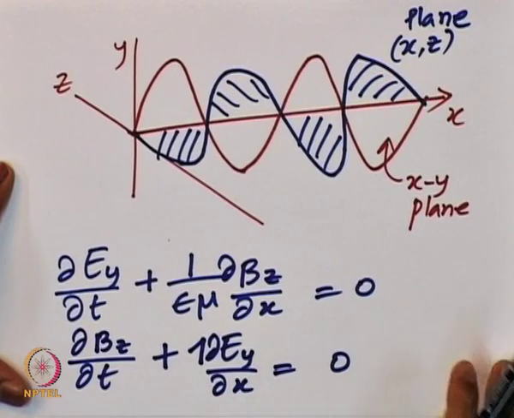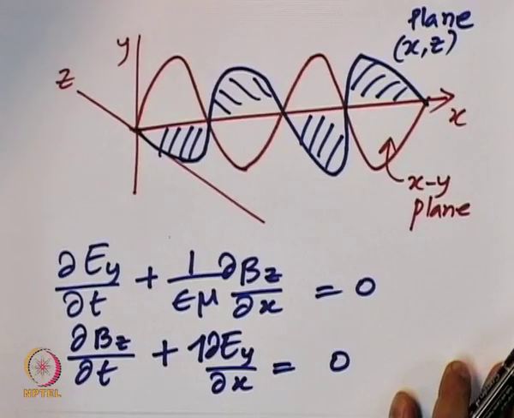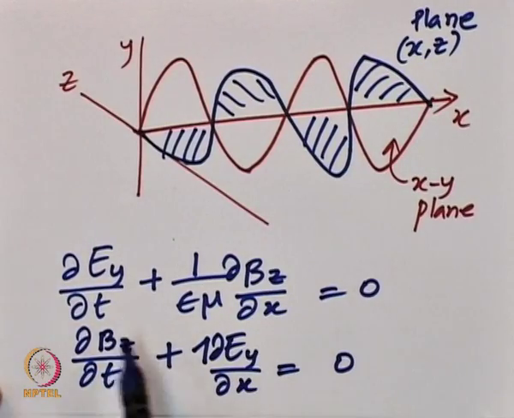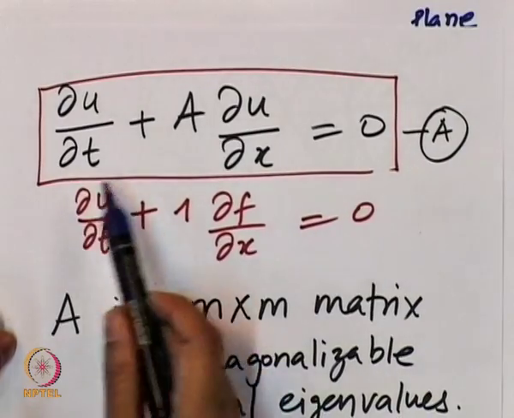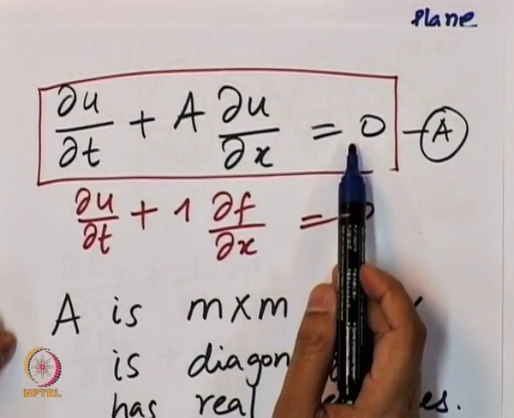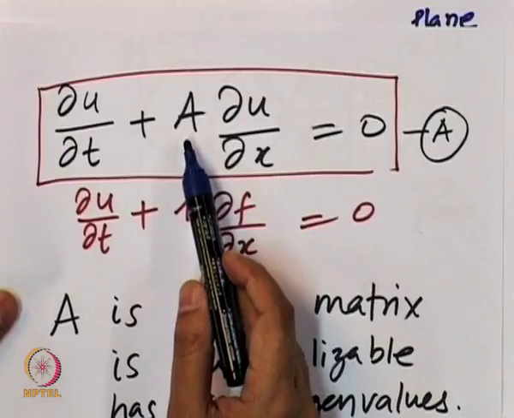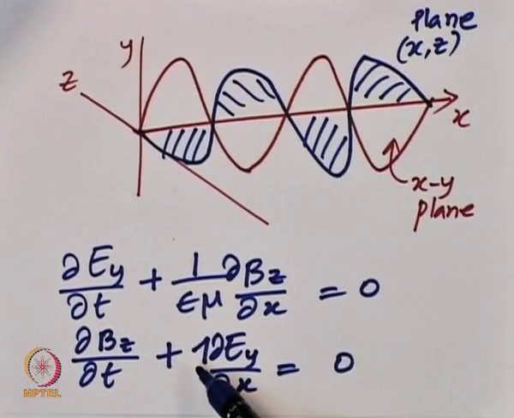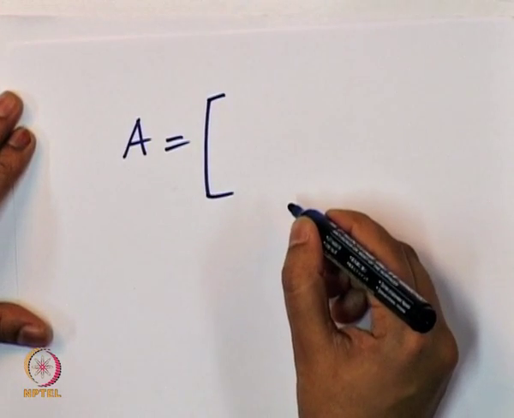I have specifically taken this form so as to get the matrix formulation, where we see that this is very similar to the equation we had before, which is basically du/dt plus A du/dx equal to 0. So we have a matrix form A, and the components of the A are given by these components here. For this particular case, A is defined by an M by M matrix.